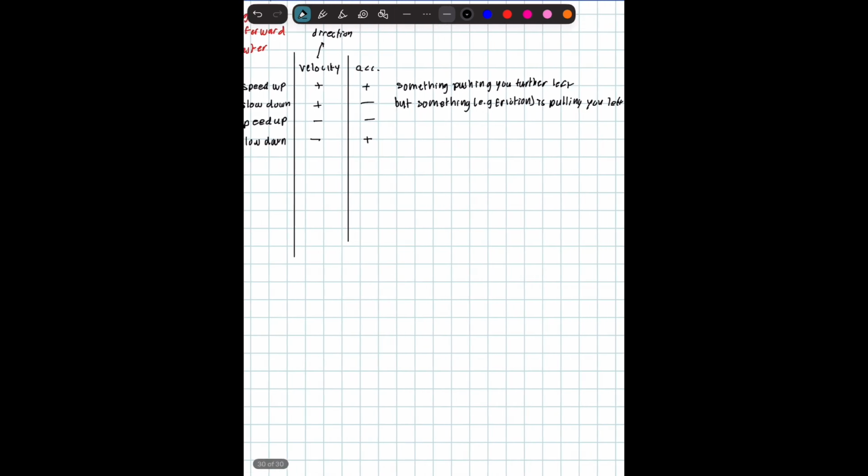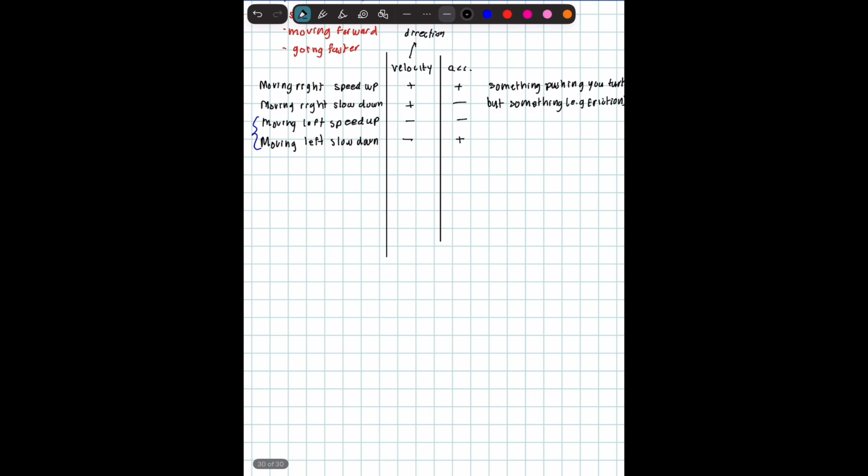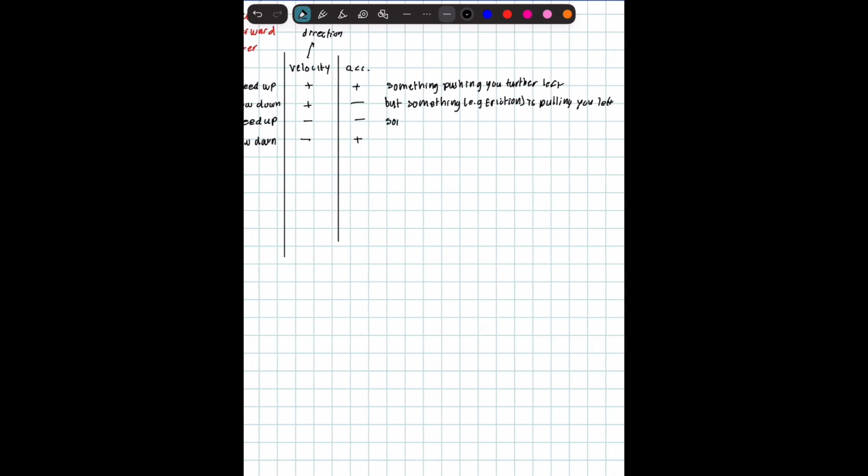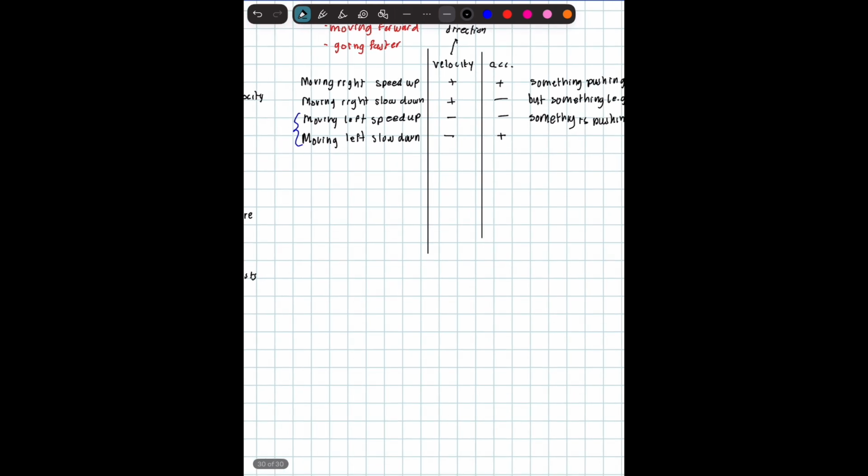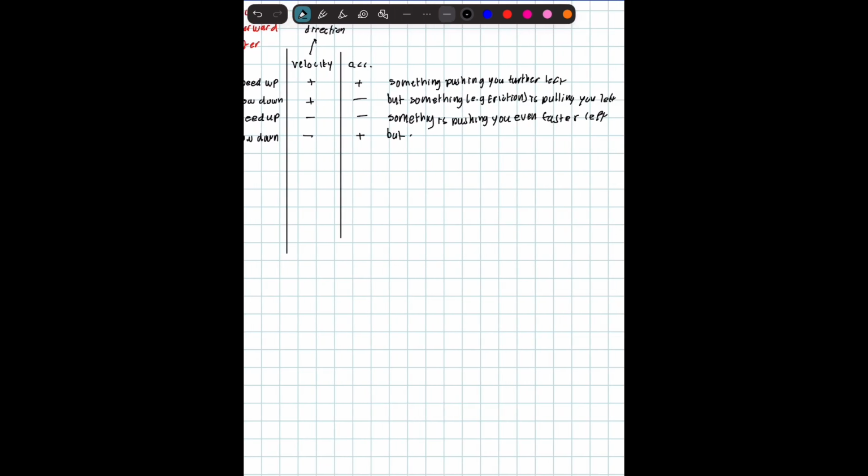That's why you're slowing down. And you're moving left, but something is pushing you even faster left, so it's helping you. And here in the last case, you're moving left, but something is pulling you toward the right, acting as a brake.